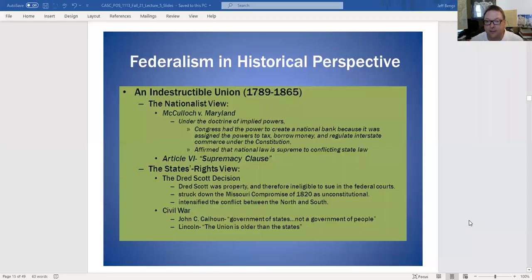So as we begin with this slide, you can see we're going to look at basically the trajectory or the progression of dualism unto today.